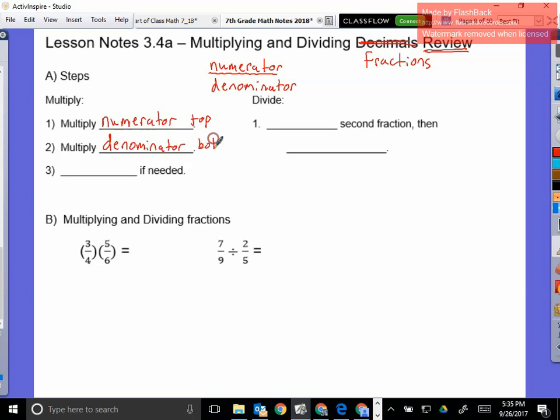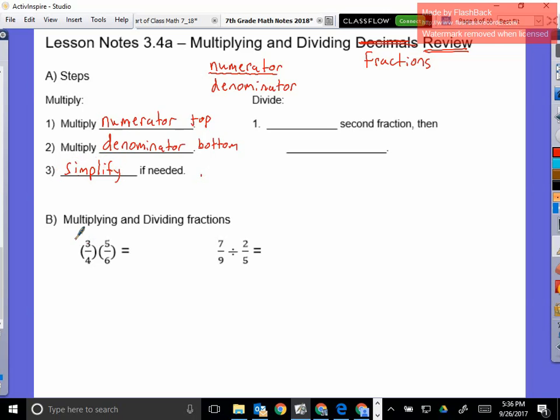That's our bottom. So you multiply the tops, you multiply the bottoms, and then step number 3, if you need to, you simplify that fraction, only if you need to. All right, let's take a look at our first example, and then we'll talk about our steps for dividing.